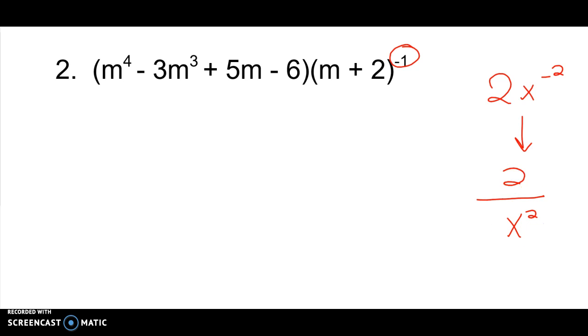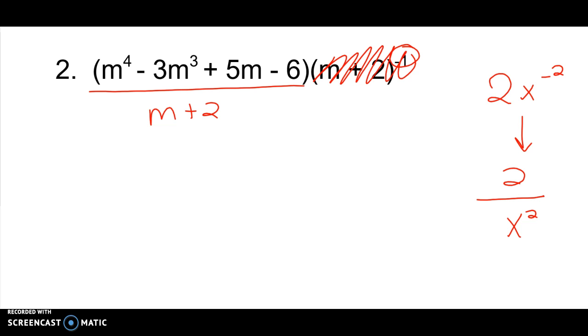So what is a negative exponent really telling me to do? Divide. That's basically a fancy way of saying divide. So really, that's the same thing. We're dividing that top polynomial by m plus 2. That's all this is saying here.